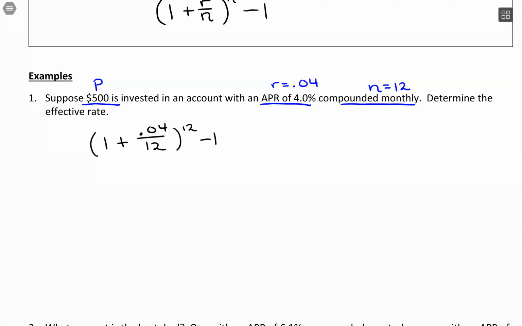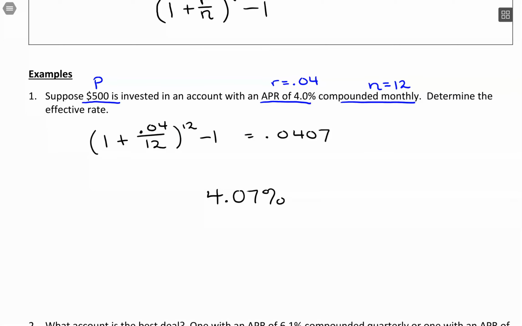And then we're going to take 1 away. And that'll give us a value of 0.0407. So this account has an effective rate of 4.07%. So even though they're giving us that annual percentage rate of 4%, really if it's compounding monthly, we'll see that account grow by 4.07%.